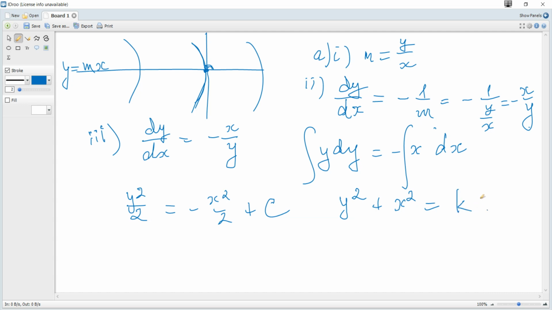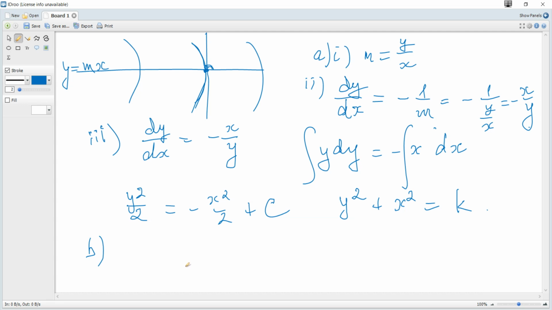A family of curves has equation y squared is 4a squared minus 4ax, where a is a positive parameter. A second family of curves has equation y squared is 4b squared plus 4bx, where b is a positive parameter. B. Consider the case where a is 2 and b is 1.